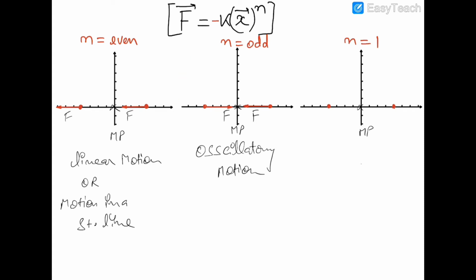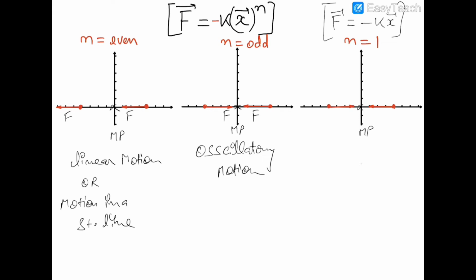Now in the special case, if this odd number is 1, so we know that the odd number can be 1, 3, 5, 7, etc. But if this odd number is 1, then the force would be F is equal to minus kx to the power 1. So this force would be acting on the particle, and the particle would still be performing the oscillatory motion.